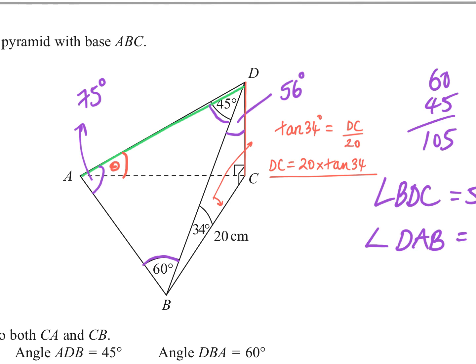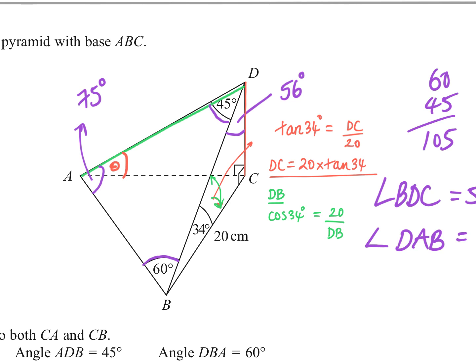We also know that DB can be found because in the same right angle triangle we know that the cosine of 34 degrees is the adjacent over the hypotenuse, which is DB itself.